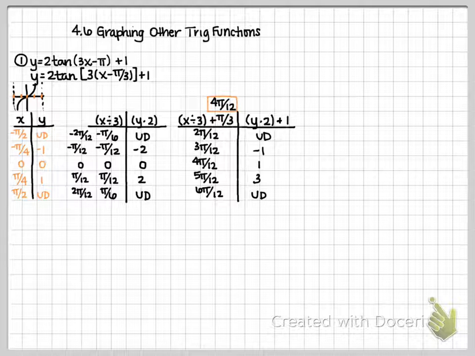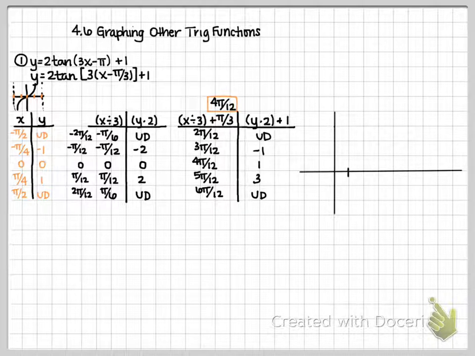So let's see. I need all positive x's, and I need positive y's and negative y's. All right, so got our graph here. I'm going to start at 2 pi over 12.